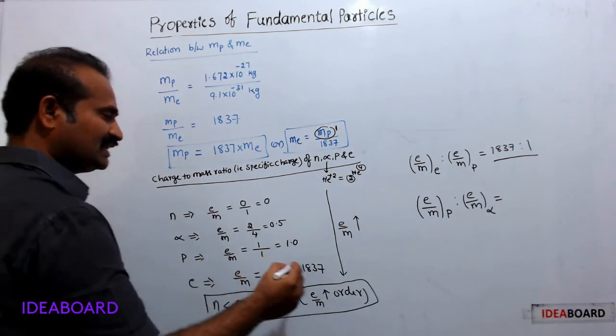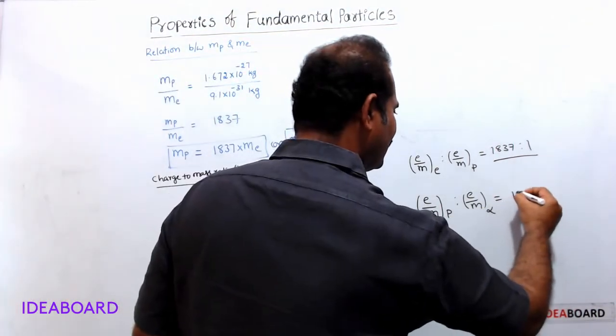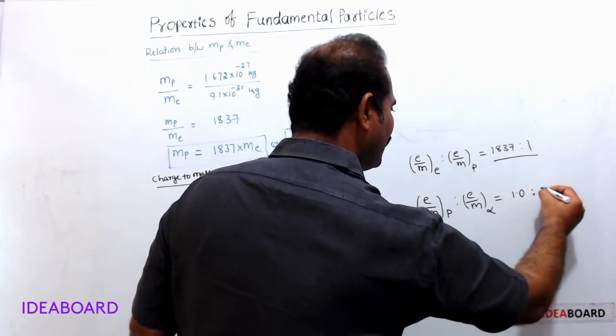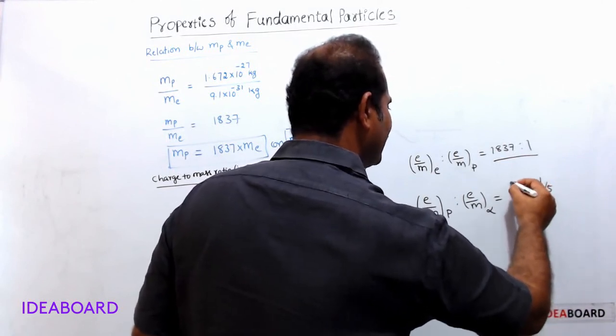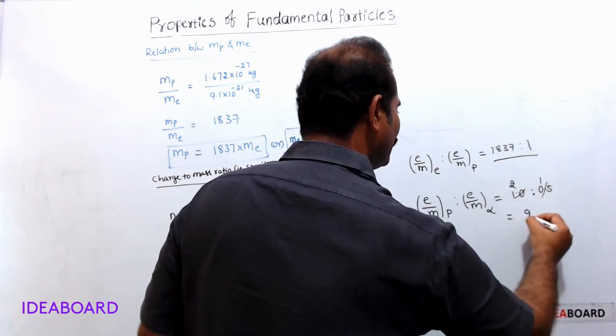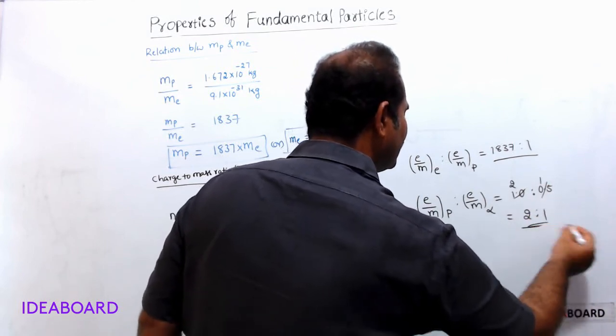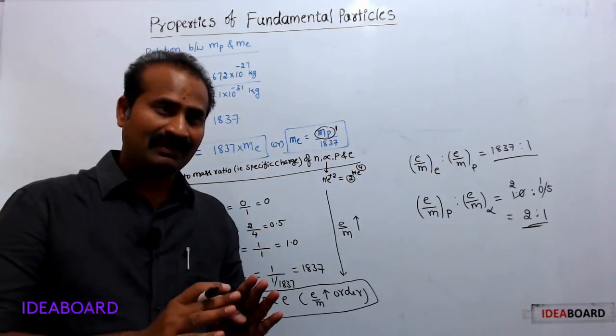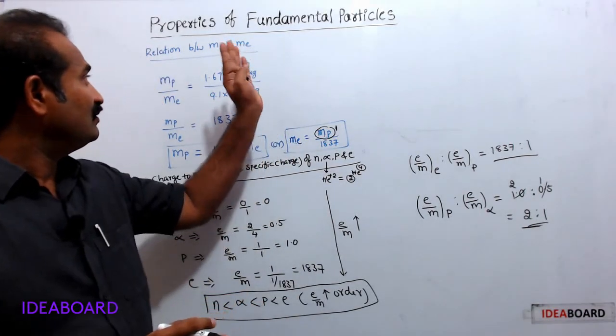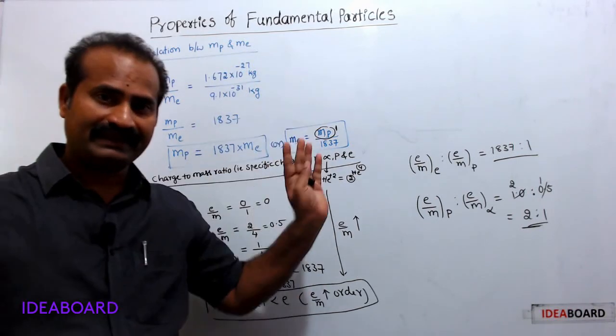Proton specific charge 1, alpha particle 0.5. Therefore you will get 2 is to 1. Like this, questions may be asked. This is about the properties of fundamental particles we discussed.